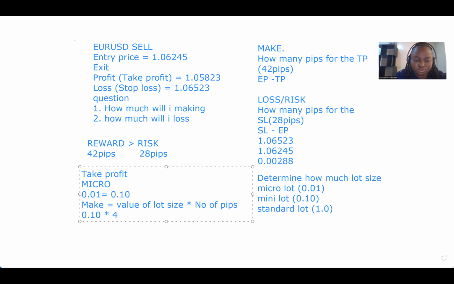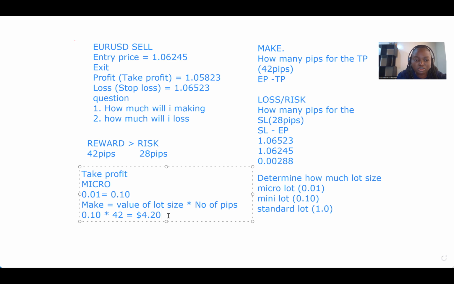If you use your calculator, this will be $4.20. So if this trade goes your way, it will give you $4.20. This is how much you make if you are using this lot size.